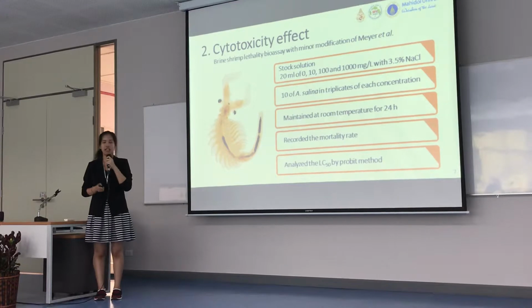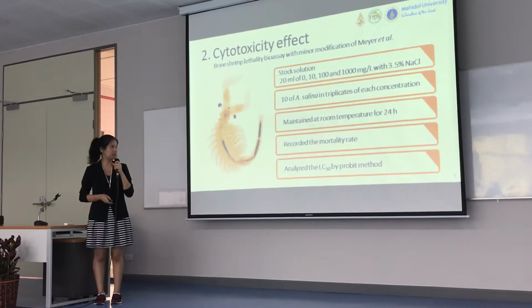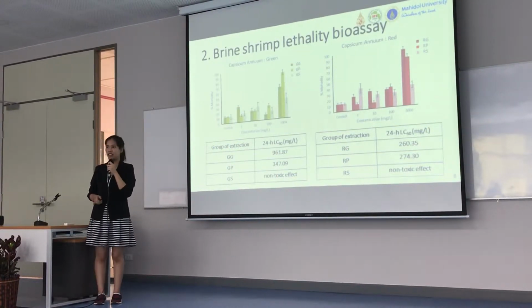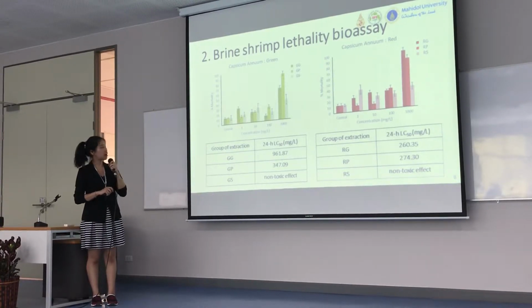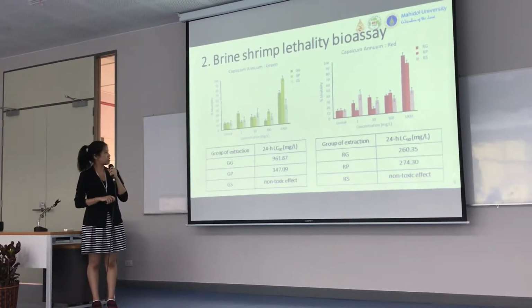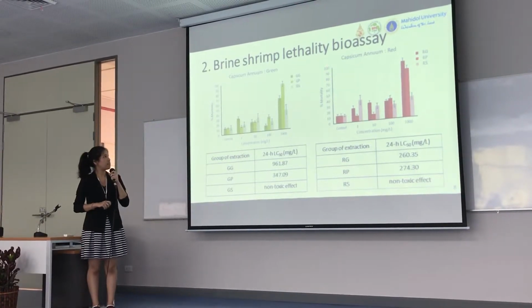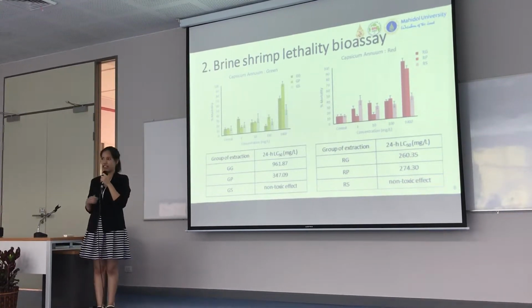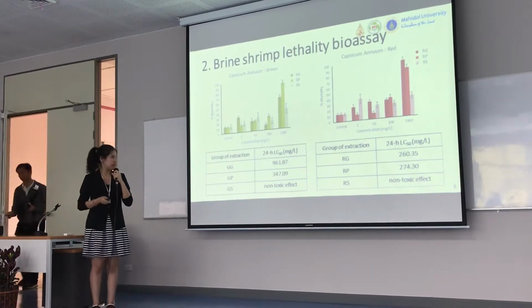After that, we analyzed the LC50, or 50% lethal concentration, by the probit method. The result is shown in this slide. This graph represents the percent mortality of the animal model at different concentrations of extract, and the groups of extract are represented by color.